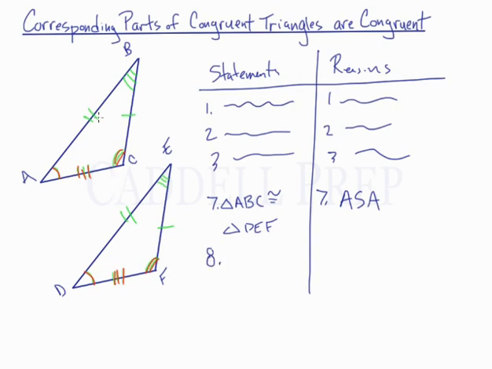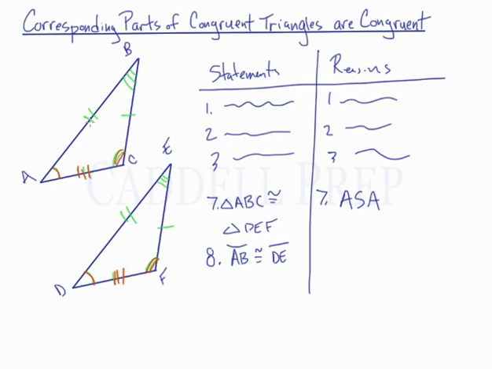So we could list any of these other corresponding parts of this triangle as being congruent, because we know corresponding parts of congruent triangles are congruent. So after this step, which normally is our last step, we can prove that side AB is congruent to DE.